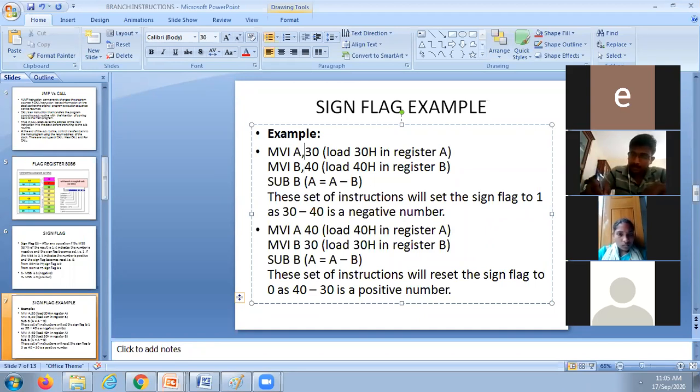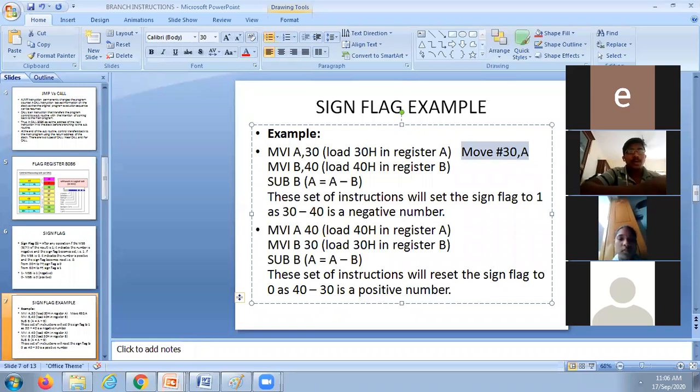What was the earlier one? What did we have in the previous case? In the previous case, only for the sake of understanding, what you have done is: MOVE hash 30, comma A. Yes, this type of instruction we learned earlier.